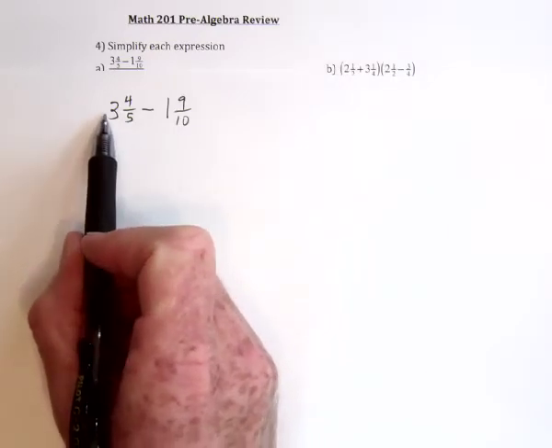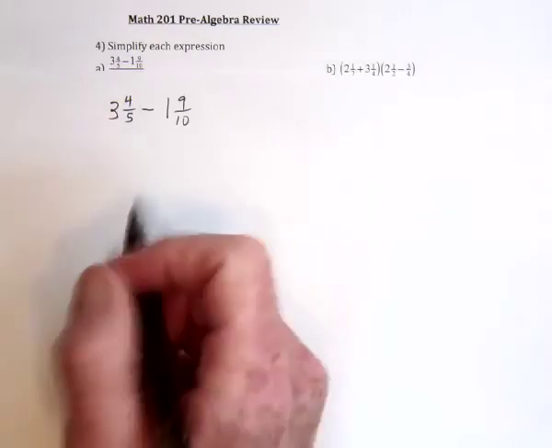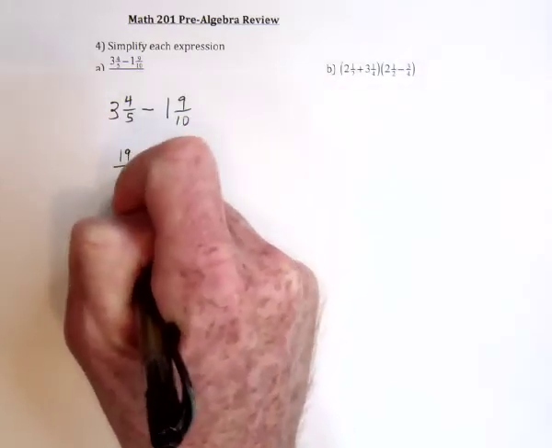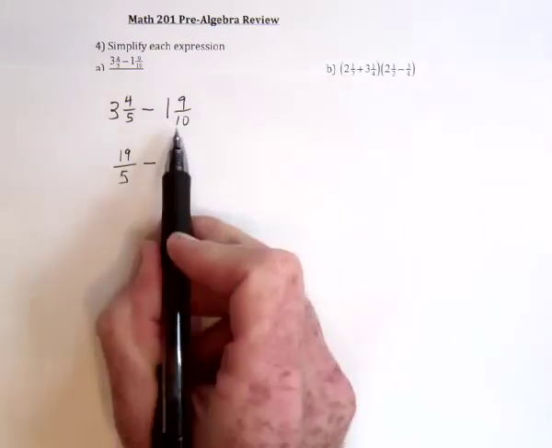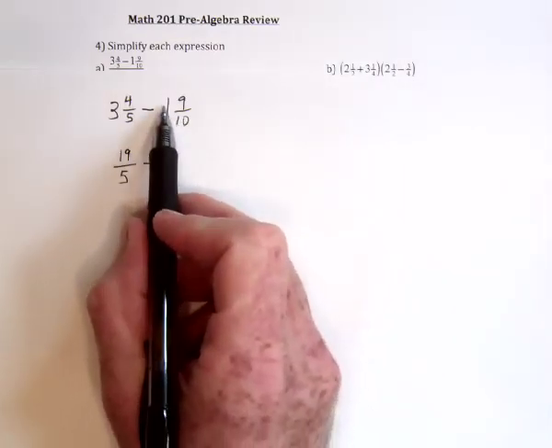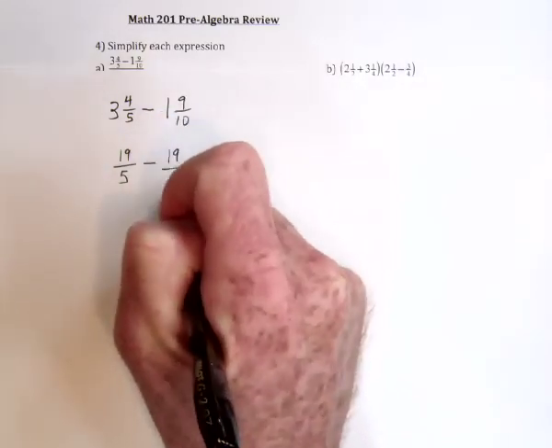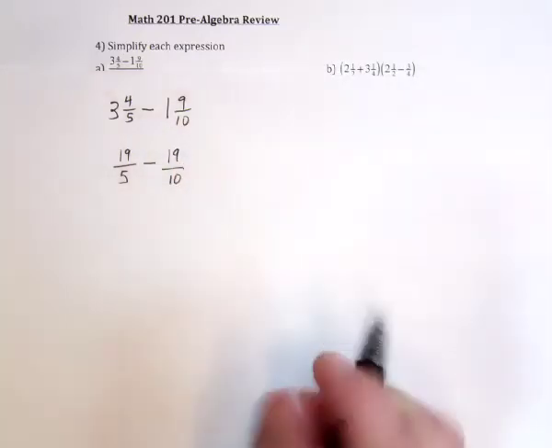So multiply this direction, 5 times 3 is 15, add that to 4 is 19. So we have 19/5. Change this one, multiply, this is going to be 10, and then add it to 9 is 19. And then that one's tenths.